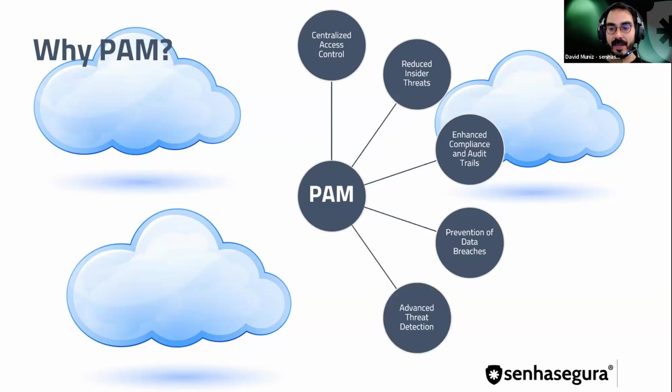We also have advanced threat detection. PAM usually incorporates advanced analytics to detect and alert on unusual or potentially harmful activities. Least privilege is one of the greatest challenges for organizations. It's difficult to assign the right privilege to the right people.